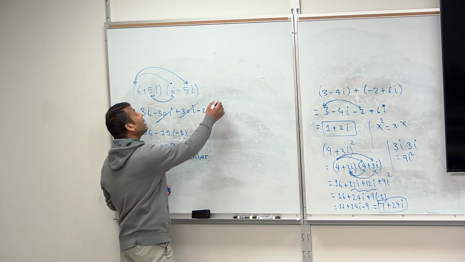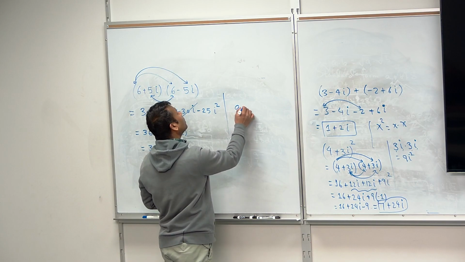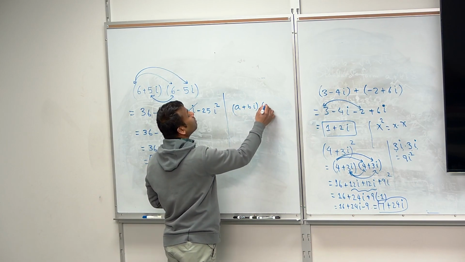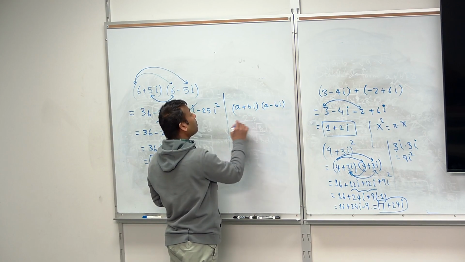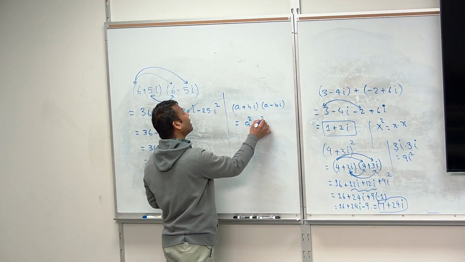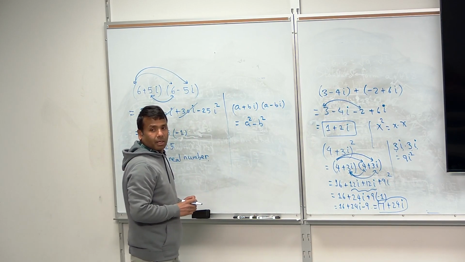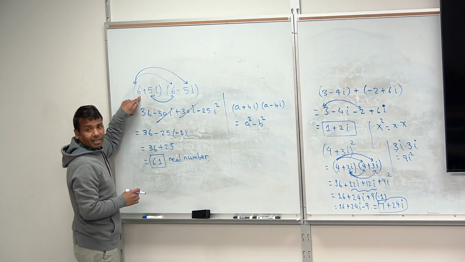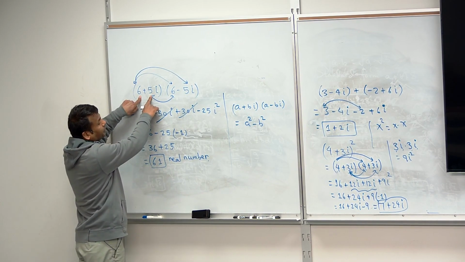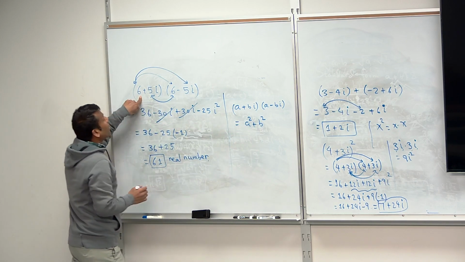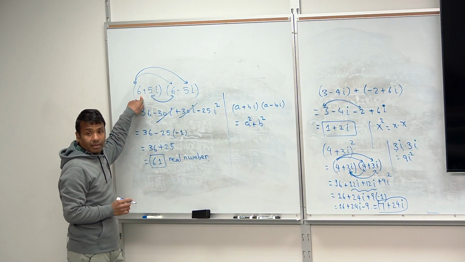Or you can think in this way. If you have two complex numbers a plus bi and a minus bi, if you multiply them using FOIL, you will get a square minus b square. You see, what is a here? 6. What is b here? Sorry, I think you will get a square plus b square. What is a here? 6.